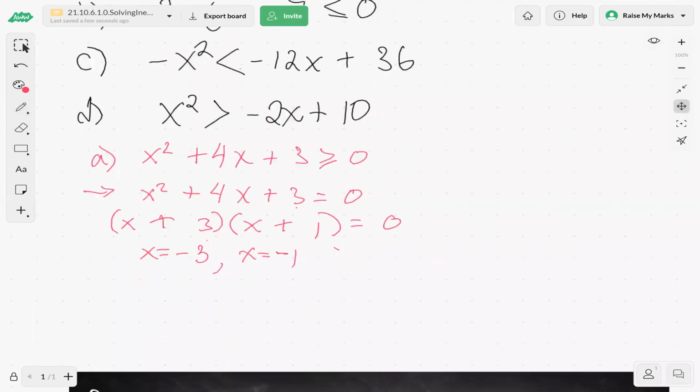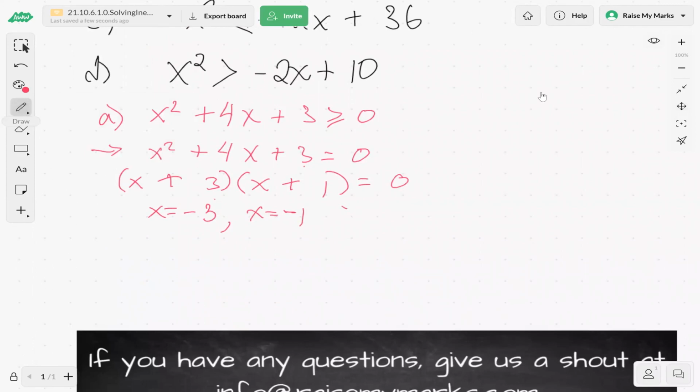So this is when I consider a number line. Let's divide this number line up at negative 3 and negative 1.